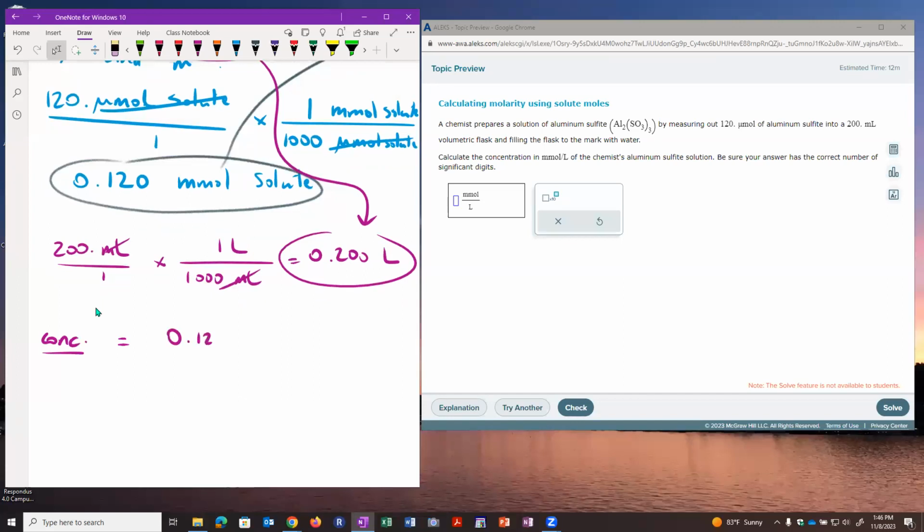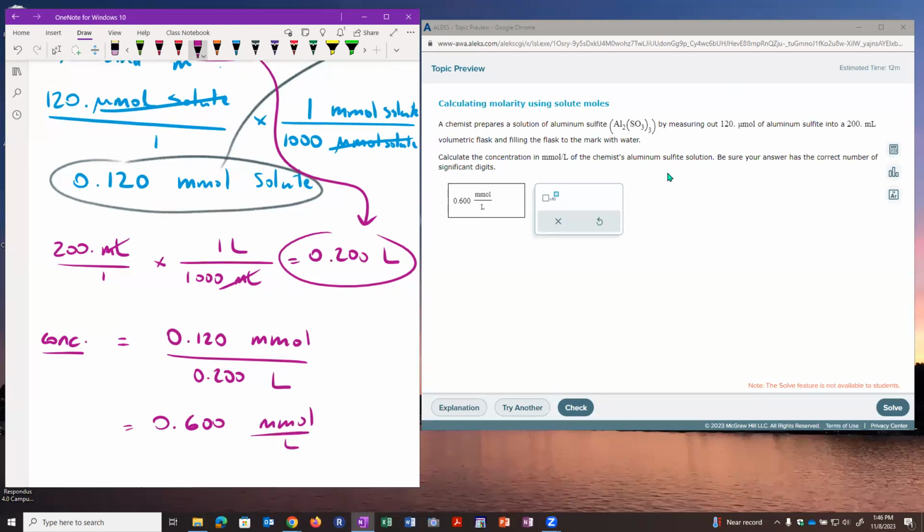So we have 0.120 millimoles divided by 0.200 liters. Evaluate that, and that's going to give 0.600 millimoles per liter, to three significant figures.